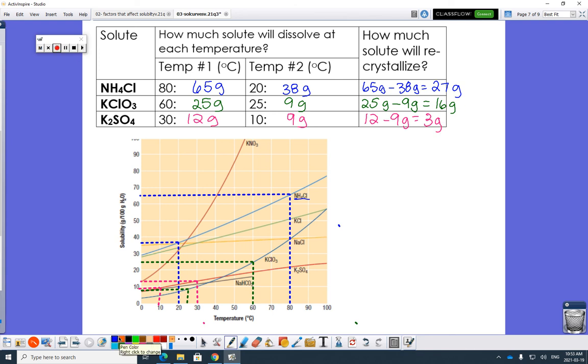So this is a type of question you can do using the curve: figure out how much dissolves at one temperature. If it goes from higher to lower, then it would be how much it recrystallizes. You could also be asked the reverse. Start with the low one and then go to the high one. How much more can dissolve, but you would still be subtracting.